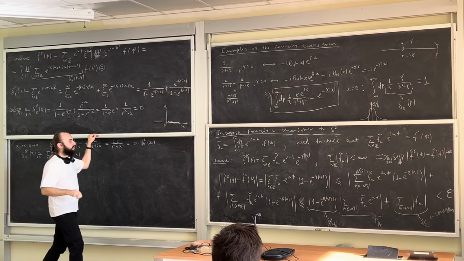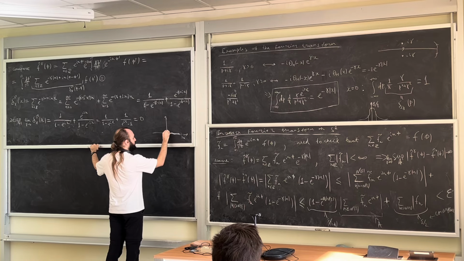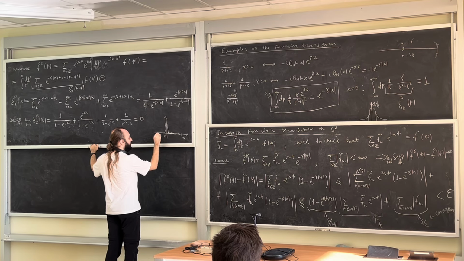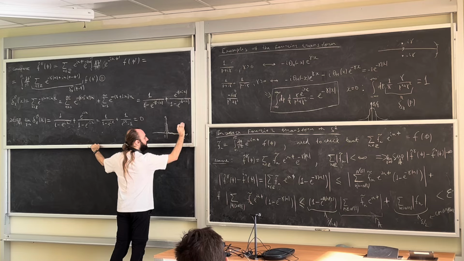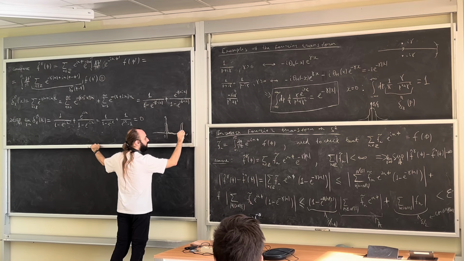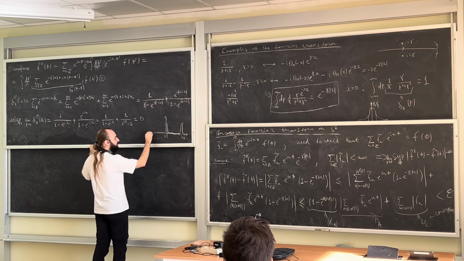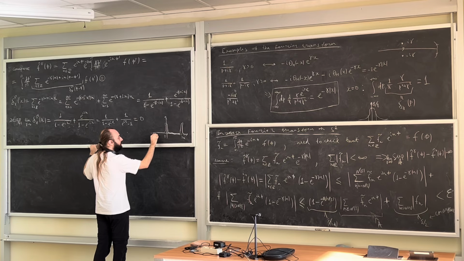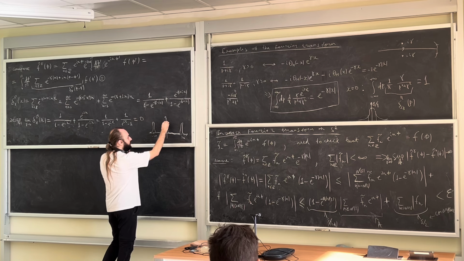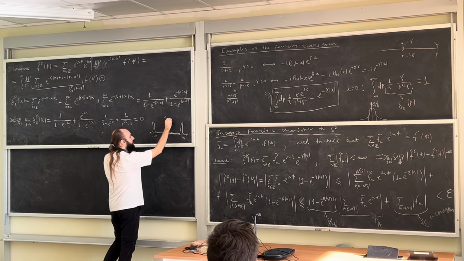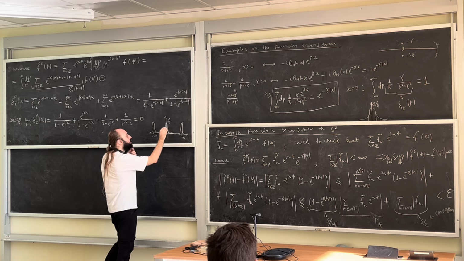So the support of this function has this form: 0 at 2 pi, so on at minus 2 pi, and something like 2 pi over gamma, approximately.